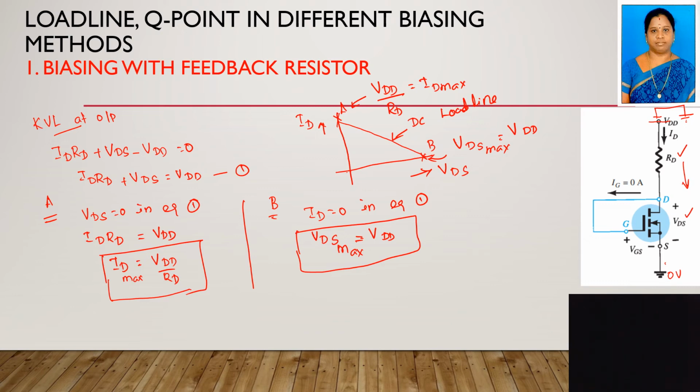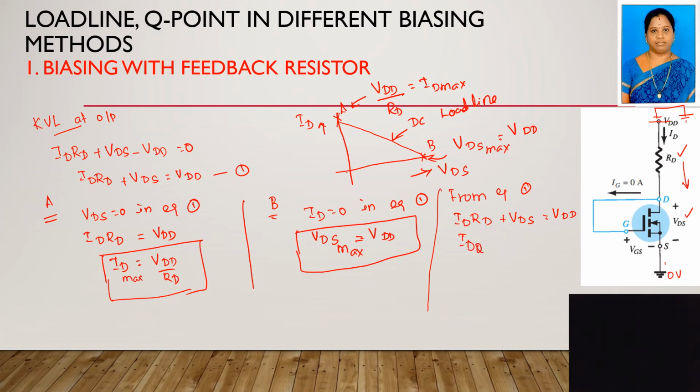You have to take the same equation 1. From equation 1, you have ID into RD plus VDS equal to VDD. Here ID is nothing but the IDQ.